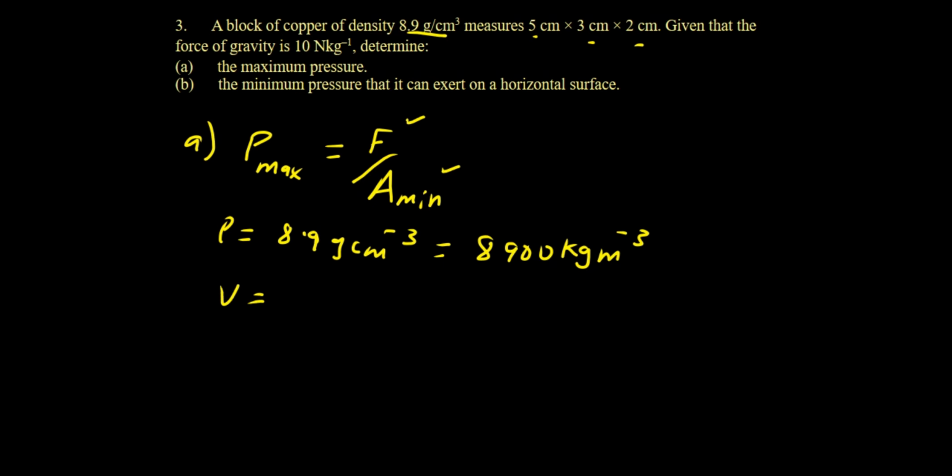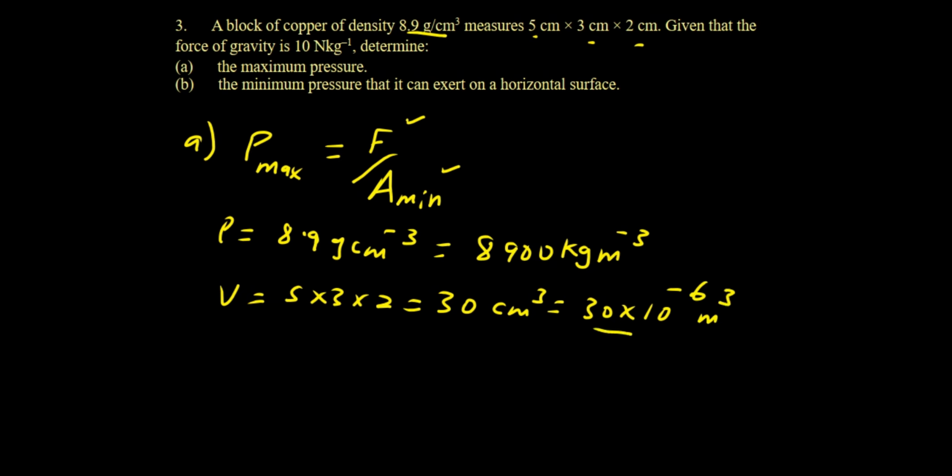The volume is 5 by 3 by 2, which gives us 30 cubic centimeters, which is also the same as 30 times 10 to the power of negative 6 cubic meters. That is when it's written in SI units.